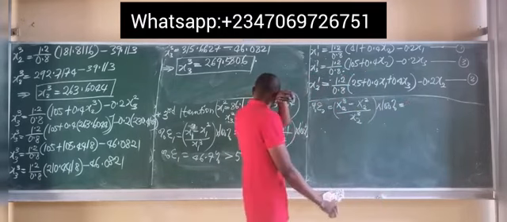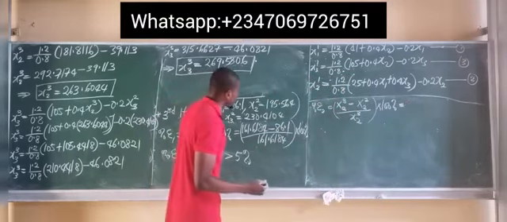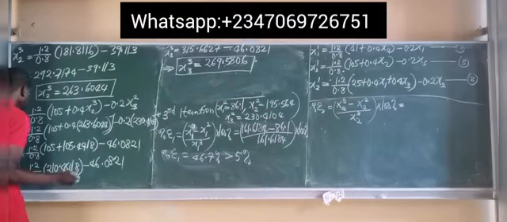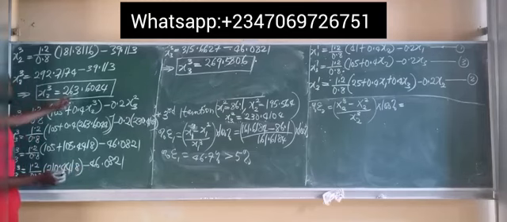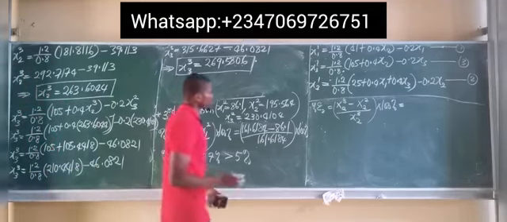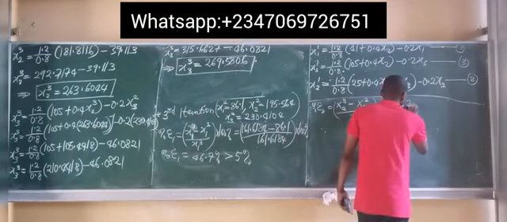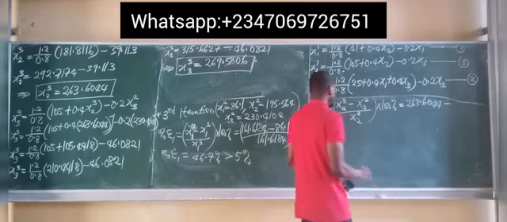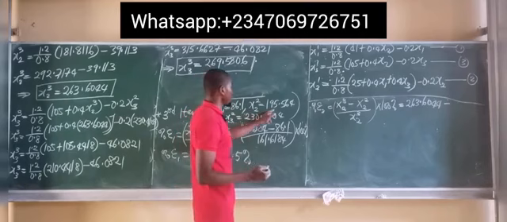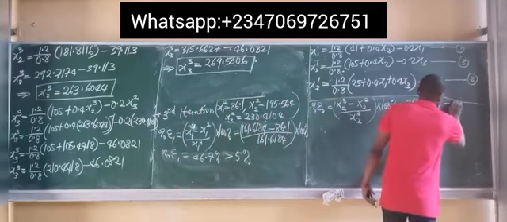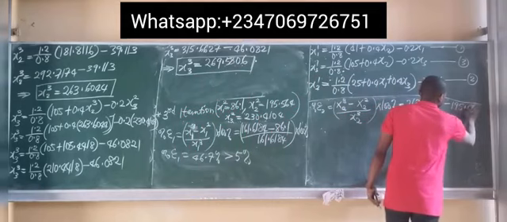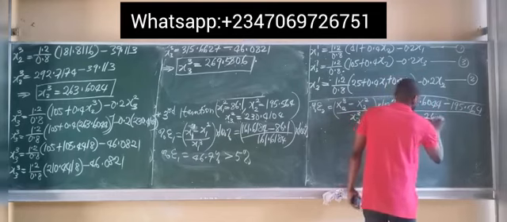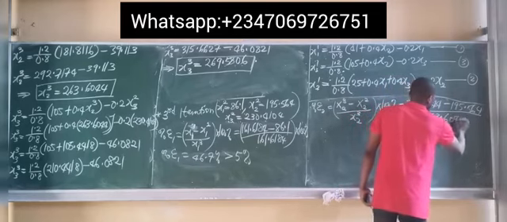This is equal to x2 of 3, which gave us 263.6044. So we have 263.6044 minus x2 of 2. x2 of 2 gave us 195.564, all over 263.6044.